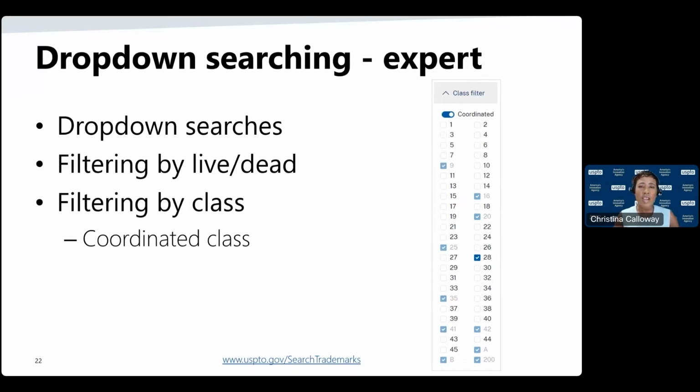A good example of that I like to use is, say, you're coming in for an application for class 25 goods. It's very common.